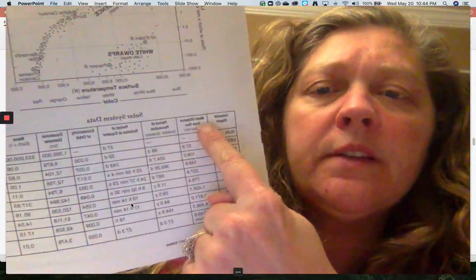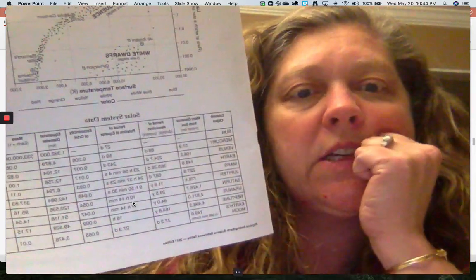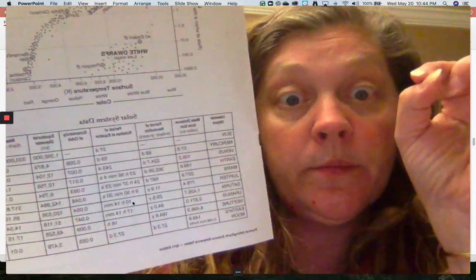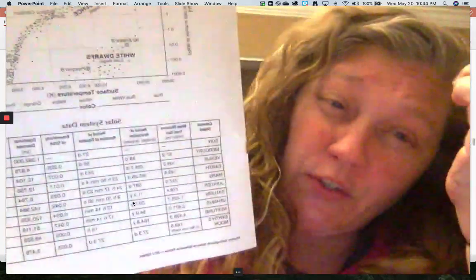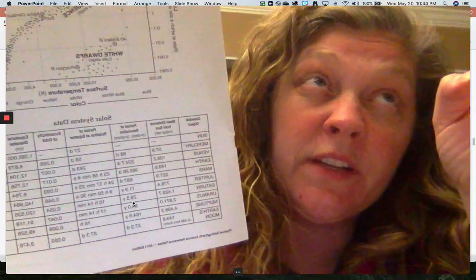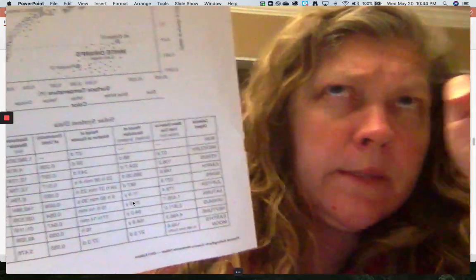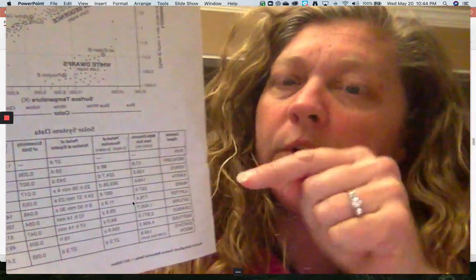And notice the second column here is mean distance from the sun. Not distance from the sun, mean distance from the sun. That tells you something. That tells you that, hey, you know what? If it's a mean or average distance, the distance between the planet and the sun must not always be the same. Okay, we're going to talk about that.